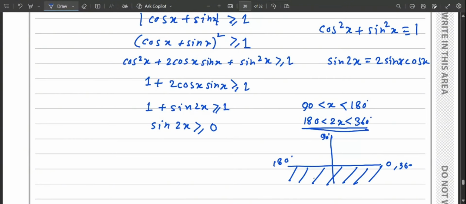We know that in the third and the fourth quadrant, sine 2x is less than 0, it is negative. But from our equation, we see that we have a contradiction here. Our equation shows that the value of sine 2x will be greater than or equal to 0, and this cannot occur. That's why there is a contradiction.